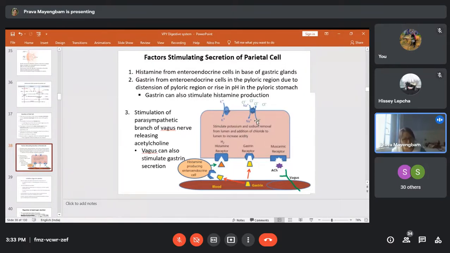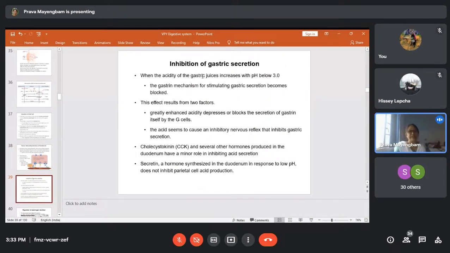So this mechanism needs to be regulated. Who will regulate the secretion of HCl? When the acidity of gastric juices increases with the pH below 3, the gastrin mechanism for stimulating gastric secretion becomes blocked.